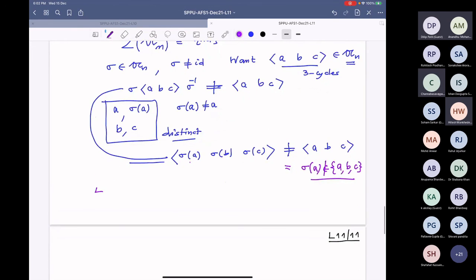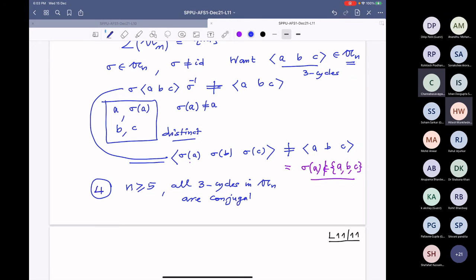Now the last statement, 4, and then I will stop. Now I will need N at least 5. Then all 3 cycles in AN are conjugates in AN.